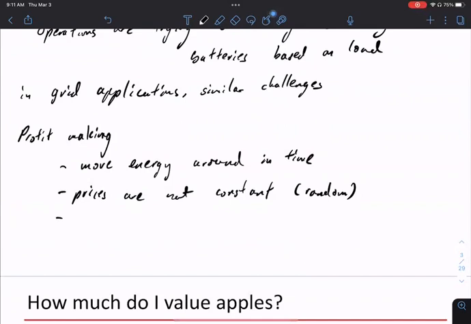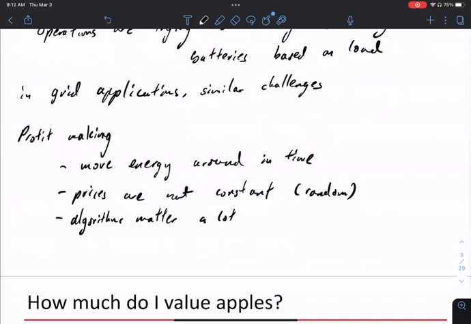Okay, and here really the algorithms matter a lot. So once the price becomes random, then your algorithms of determining whether the price will go higher or lower start to matter a whole lot more.